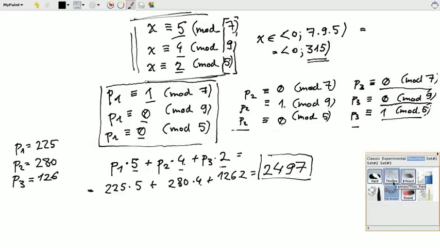So let's try to get the remainder after dividing 2497 by 7. 2497 divided by 7 is equal to, there's 3, 19, 2, 57. Now 7 times 8 is equal to 56.